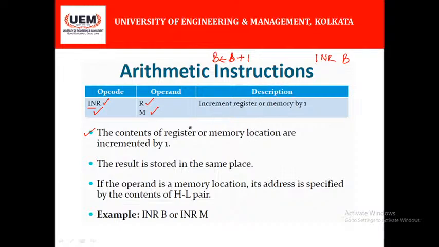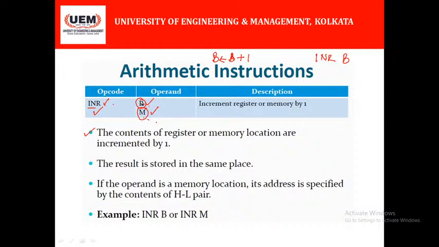In case of INR B, we observe it is basically a 1 address instruction, because either we can specify a register or we can specify memory. It is in either memory addressing mode or register addressing mode. INR M, what happens? Your source operand is stored in the M memory location, so it is in memory addressing mode.